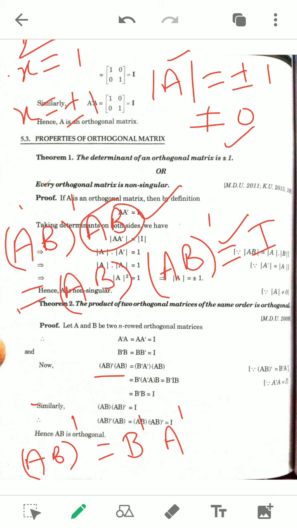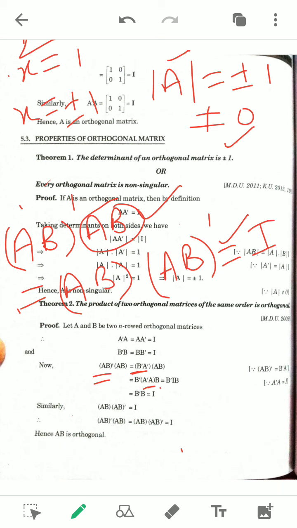So we write B transpose A transpose, and this AB as it is. Now we apply the associative property of matrix multiplication. It will become B transpose A transpose A B.